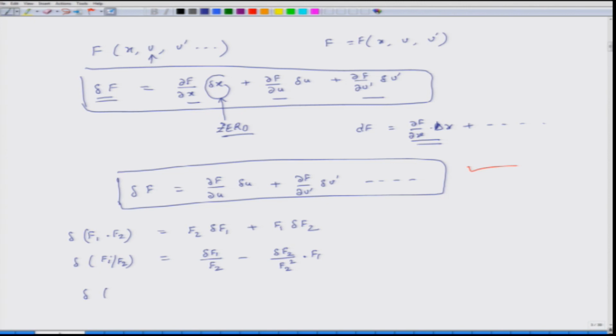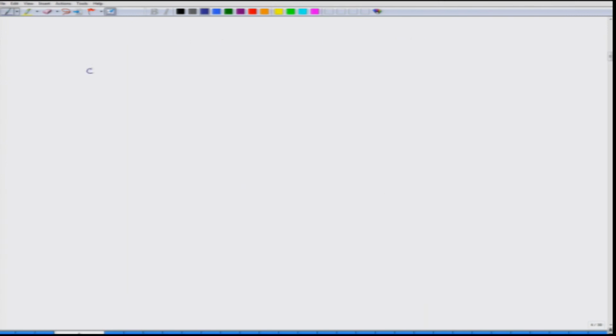And if I have f1 to the power of n, then the variation in that is nothing but n f1 to the power n minus 1 times variation of f1. And the last and very important relation is that suppose I have a function and I take its variation and then I differentiate the variation. So, d over dx. So, what am I doing?